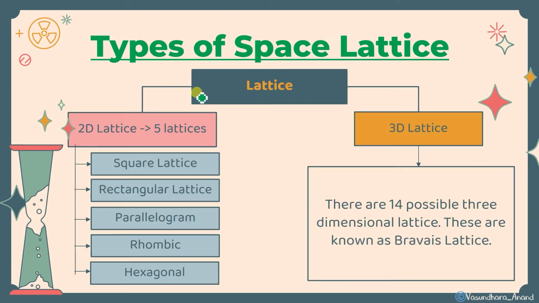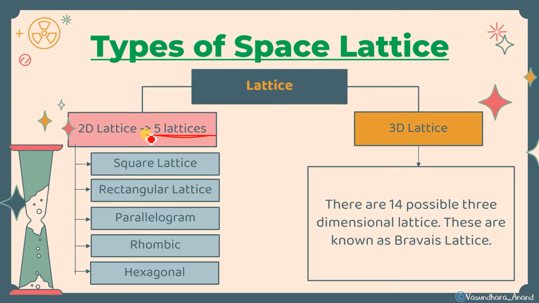Space lattice is of two types. One is 2D lattice, another is 3D lattice. The 2D lattice is just for knowledge, it's not so important. It gives 5 lattices, that means 5 types of structure.